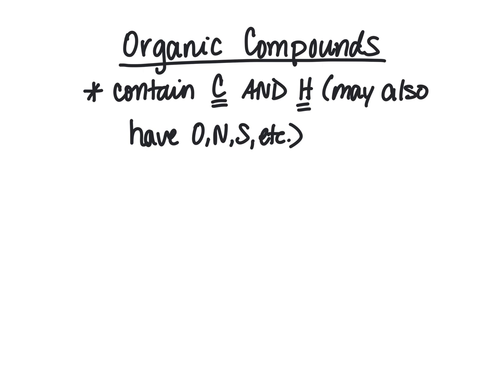So let's do some examples. So let's look at that methane. So methane is CH4. CH4 has carbon and it has hydrogen, so it is organic. We could look at another molecule. We can look at glucose. Sorry, this one over here was methane.